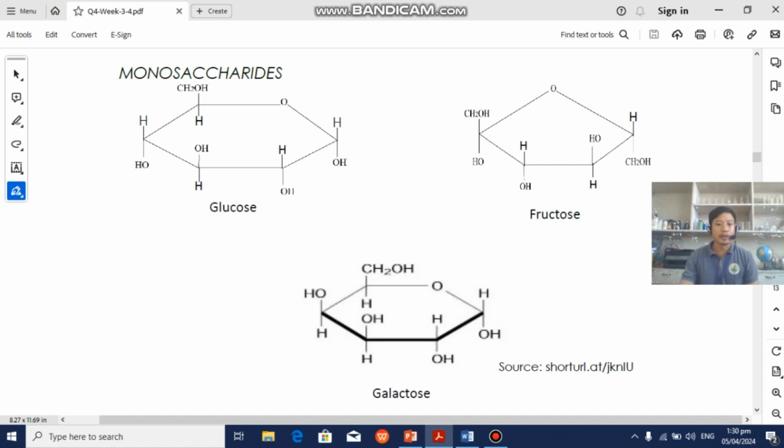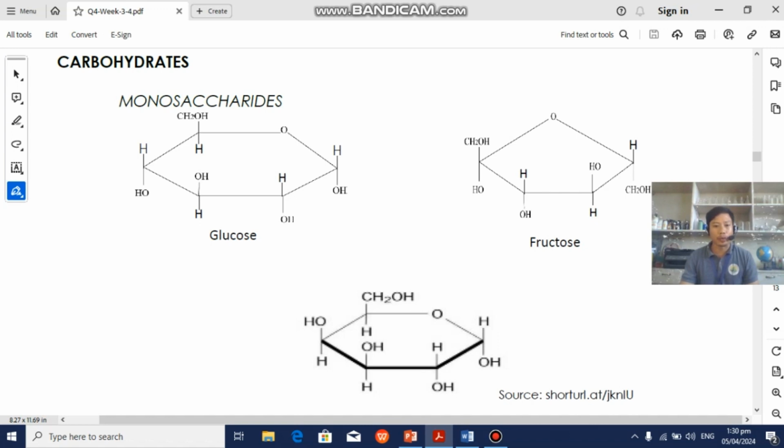We have 6 carbons, 12 hydrogen, and 6 oxygen atoms. So the molecular formula is C6H12O6. But they differ in their structure. That is for monosaccharides.